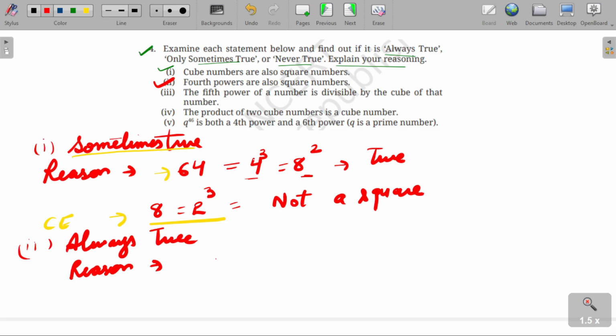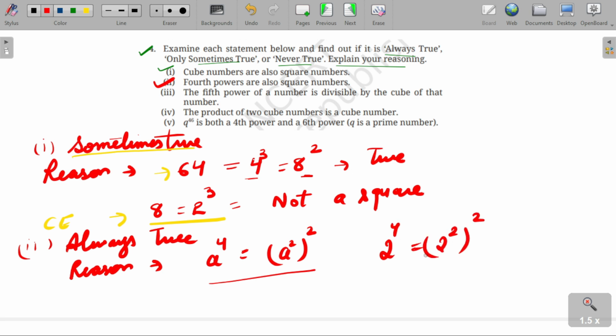Take any power, say a raised to 4. We can write it as a square, a square. So any fourth power is in the form of a square number. Any power, take any power. 2 raised to 4 can be written as 2 square, a square. So this is the rule, right? So this always holds.